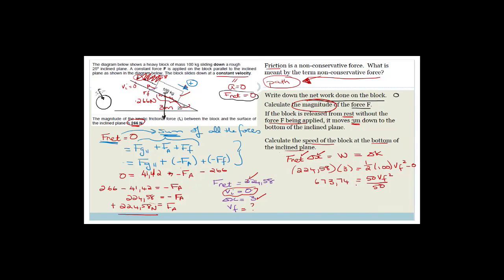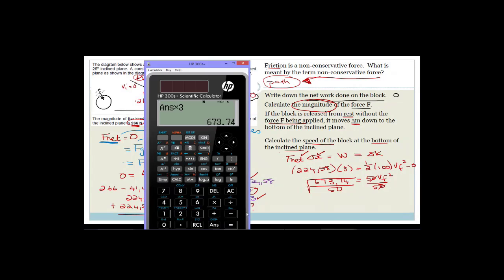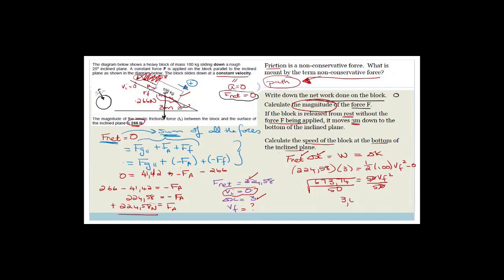So we can divide both sides by 50 and then square root it, and we get 3.67. So the final velocity is 3.67 meters per second. And they've asked for speed, which means we don't need to give direction. So therefore the correct answer is 3.67 meters per second.